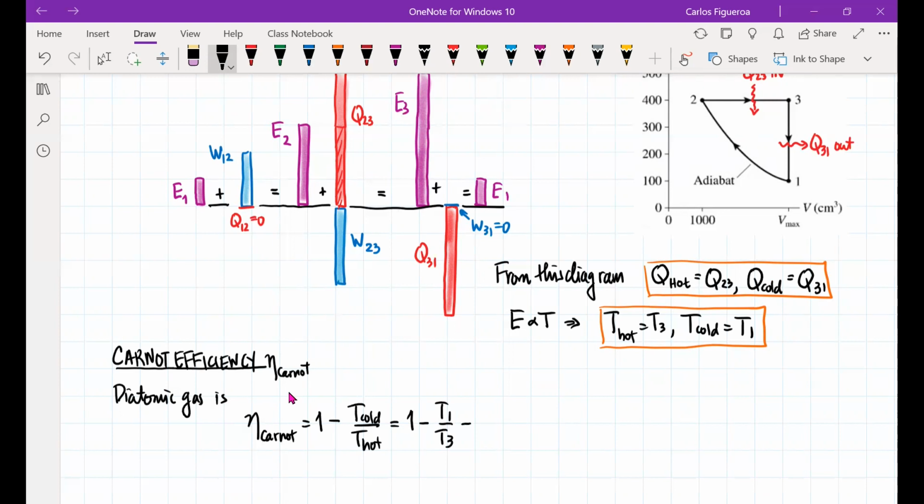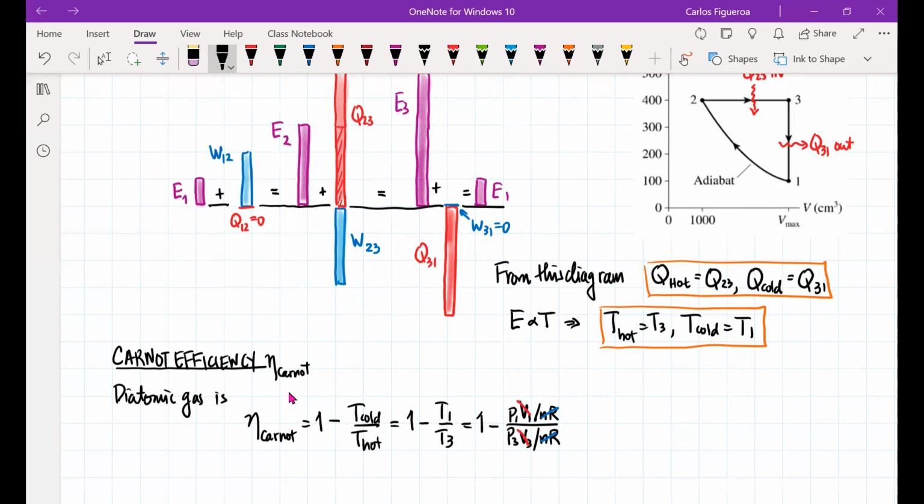So I'm going to convert everything with the ideal gas law. If I replace this with the ideal gas law, this is going to be P1 V1 over R and P3 V3 over R. Clearly, we see that these are going to cancel out. And note that volume 1 and 3 are along an isochoric line.